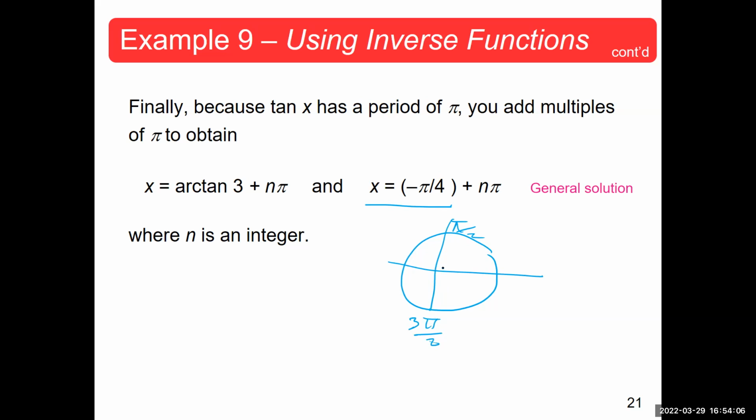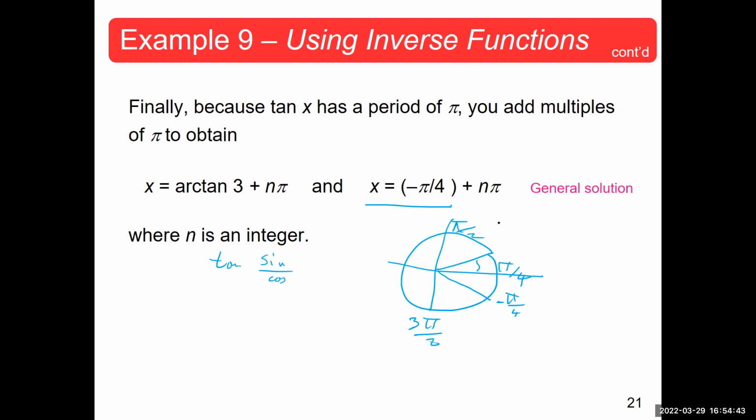And this is pi over 4, and this is negative pi over 4. Most of these have the same cosine, but they don't have the same tangent. What is tangent? Sine over cosine.